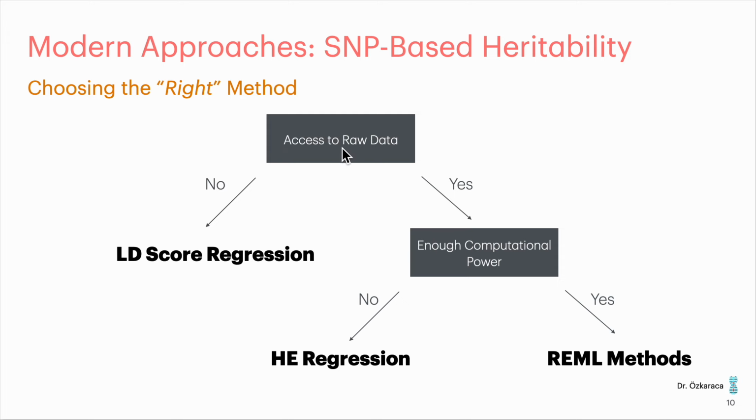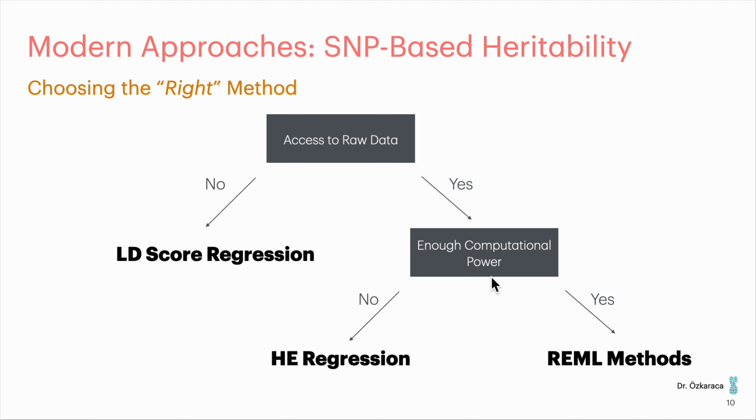Do you have access to raw data? If not, well, you don't have much option. The only approach is the LD score regression. And if you have access to raw data, and if you have sufficient computational power, then you apply REML-based methods, which are usually more accurate and robust, but computationally extensive.